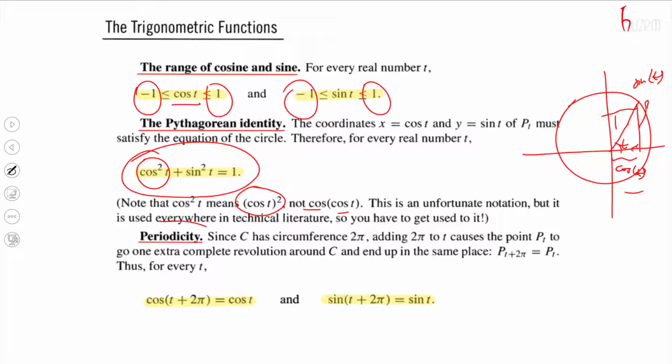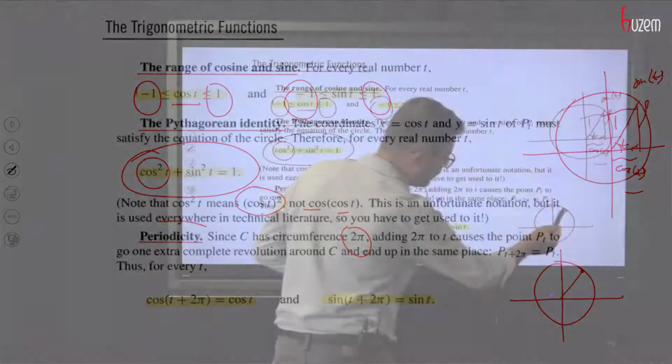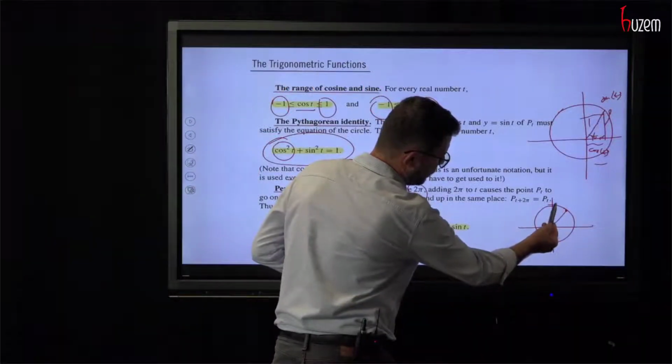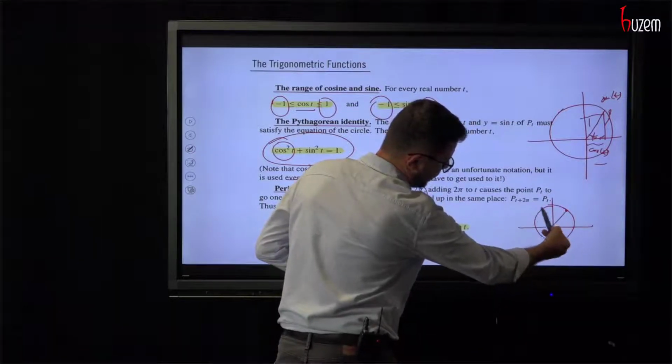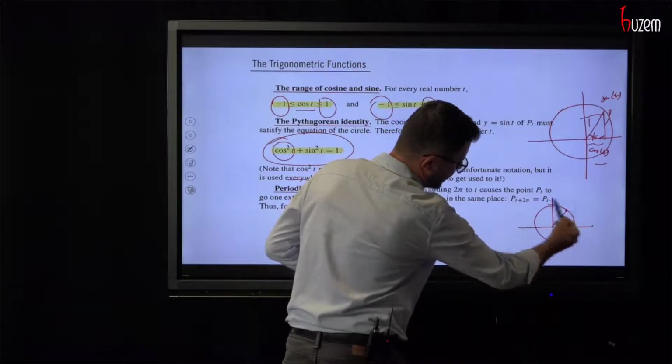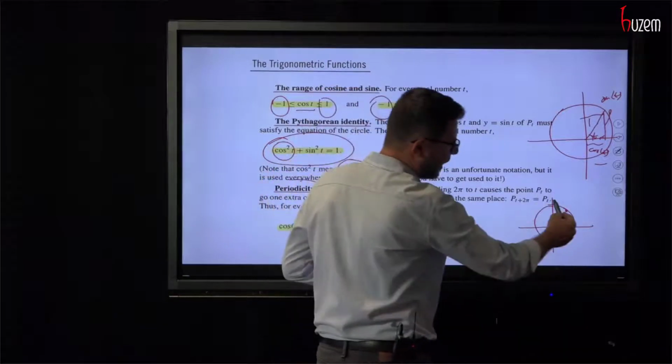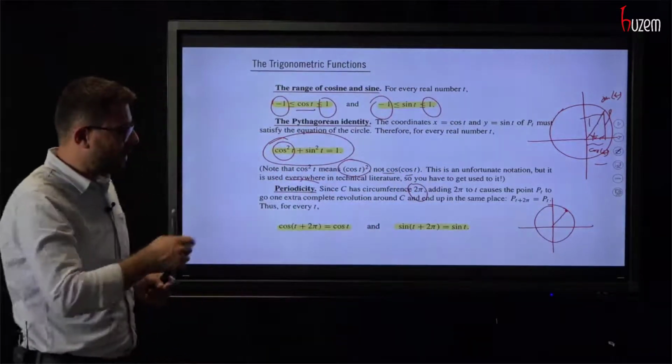Okay, so periodicity. We say if we add 2 pi arc length to any arc length, we will end up at the same point. Let's again consider the unit circle. Say we are here at this point. If we move 2 pi along the circle, we will end up at the same point, because we know 2 pi is the circumference of the circle.